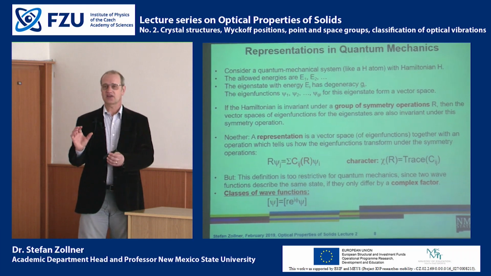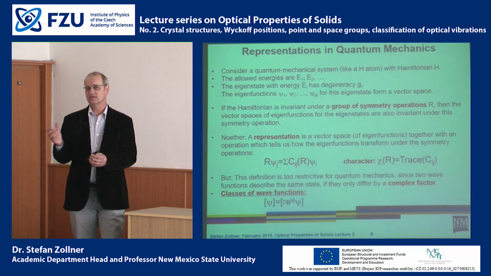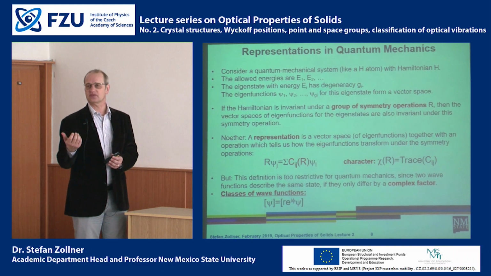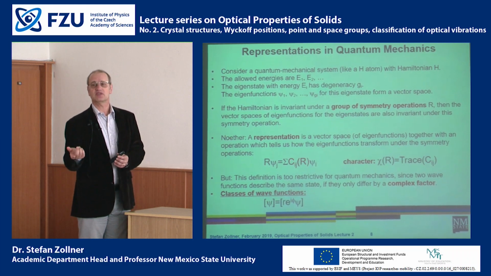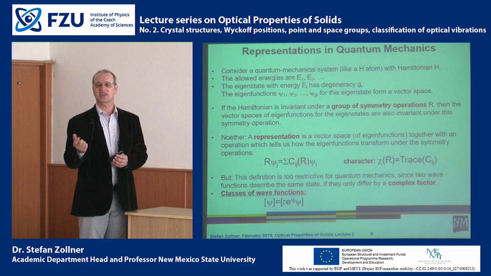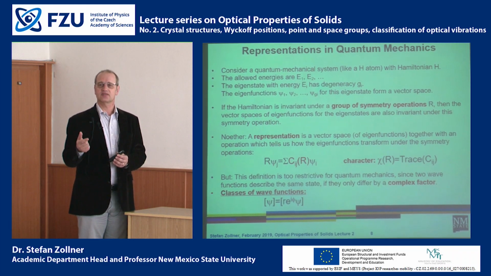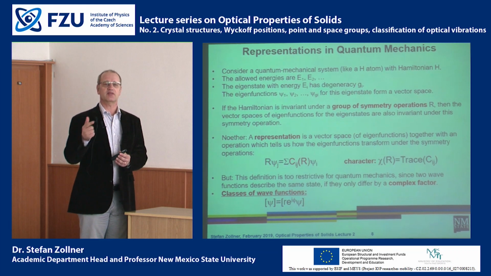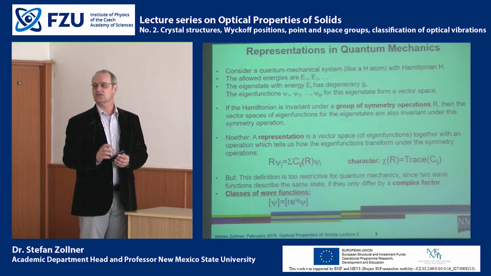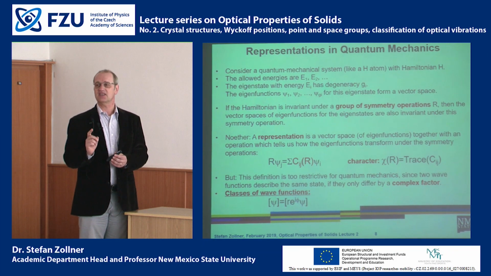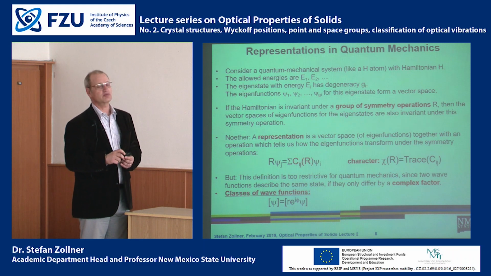So for example, if we look at the state with angular momentum L equal to 0, then we can place 2 electrons there, including spin. If the angular momentum is 1, then we can put 6 electrons. If the angular momentum is 2, then we can put 10 electrons into this d orbital.